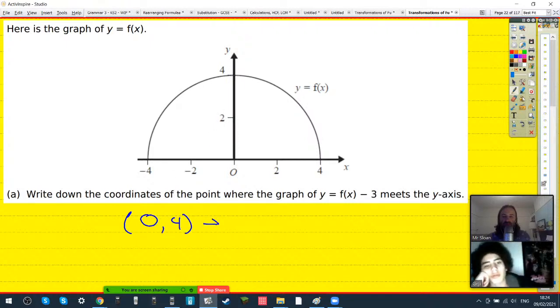Oh, 0, 4. Oh, 0 minus 3. No. You had it at the start. You said it subtracts 3. What, 0 minus 4? No, that would be if you're taking away 8. 0, 1. Correct. Yes. Alright.